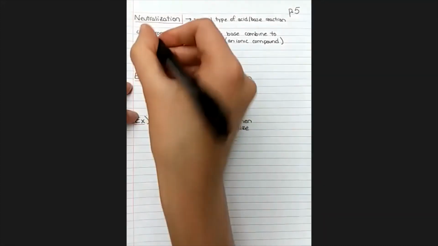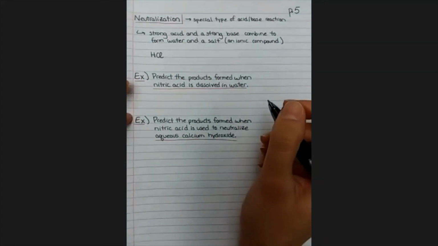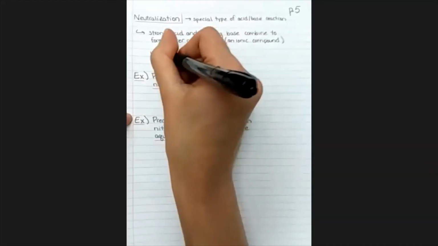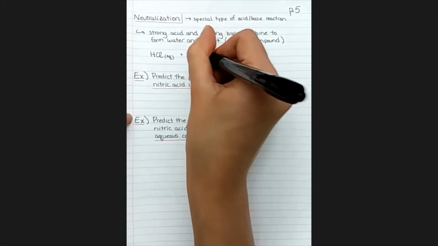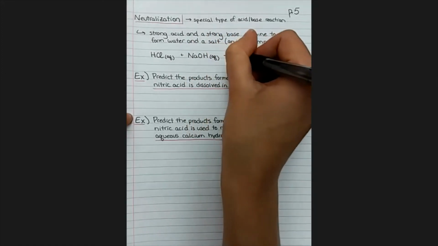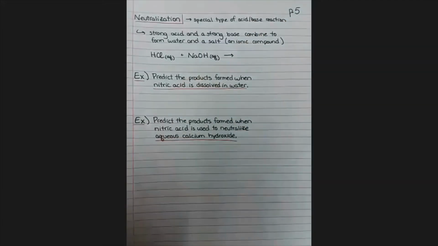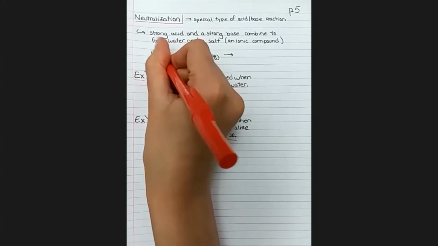So here's an example of a neutralization reaction. We can take any of our strong bases and our strong acid. So here's a strong acid, hydrochloric acid, and here's a strong base, sodium hydroxide. When we combine them together, we will remember to label what we're doing.